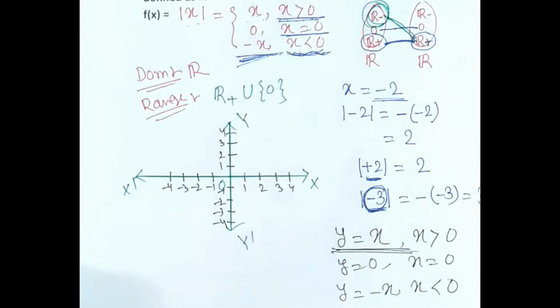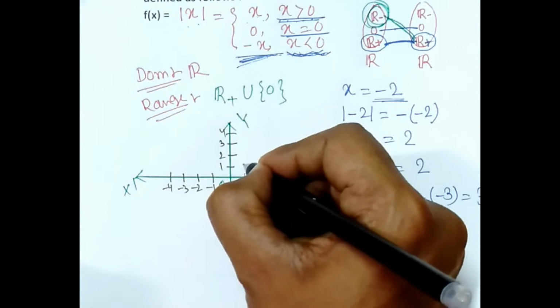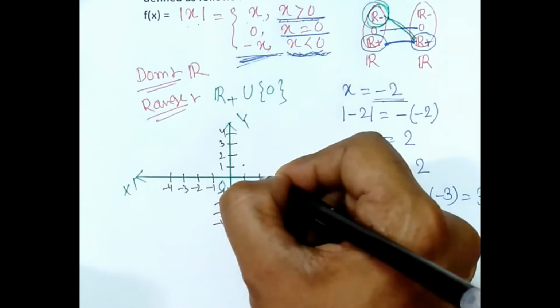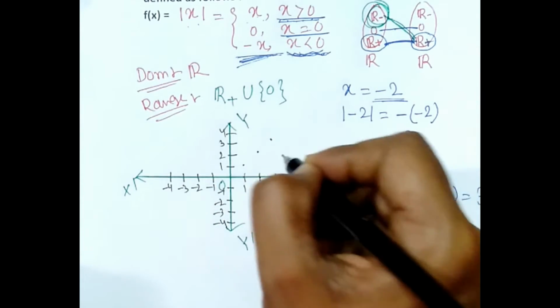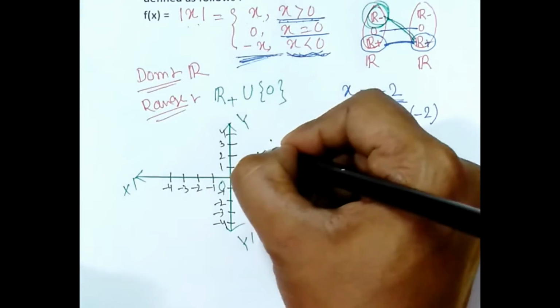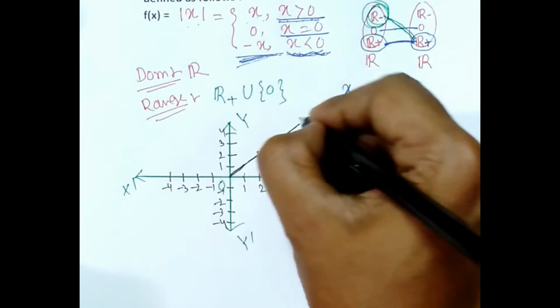We have already learnt about y equals x. Okay, so for the graph of this function, we know that for the value 1 we will get the value of y as 1 also. For 2 we will get 2. For 3 the value of y is also 3. So clearly the graph will be like this. Clear?